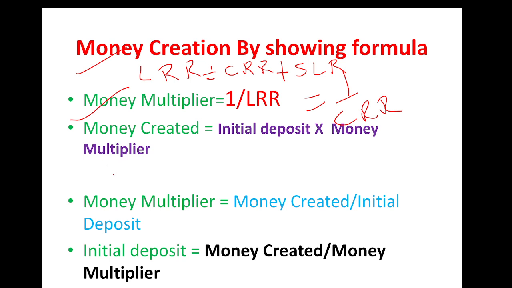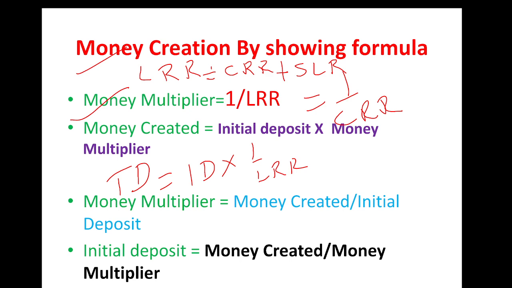Money created means total deposit. Total deposit equal to ID, initial deposit, into money multiplier, which means 1 by LRR. This is called money multiplier.